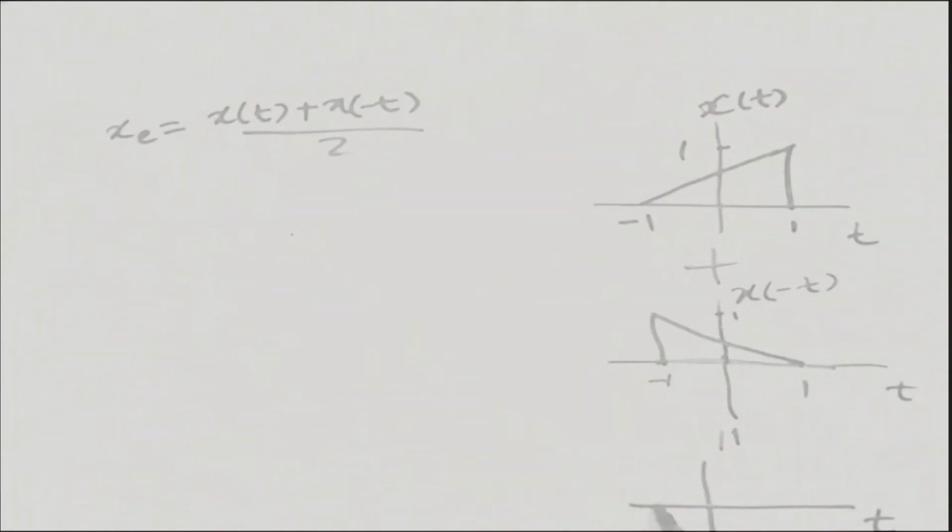At minus 1, if we add the 2 points, what we get is 1. At t equal to 0, this is 0.5 and this is 0.5, so the resultant at t equal to 0 will be 1. At t equal to plus 1, this is 1, this is 0, so 1 plus 0 will lead to 1. Again 1.